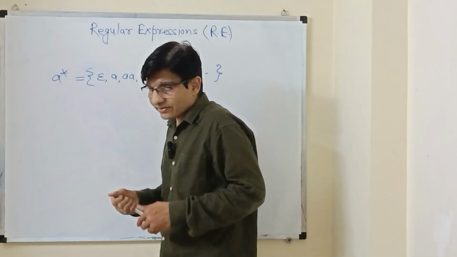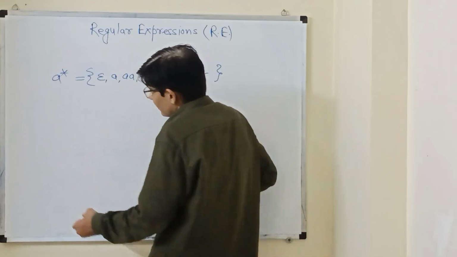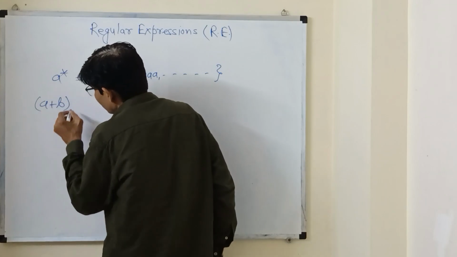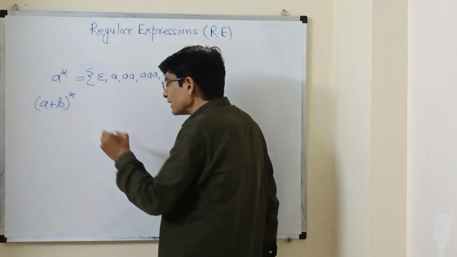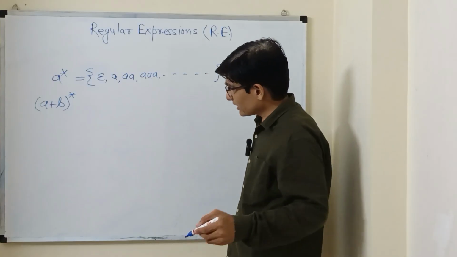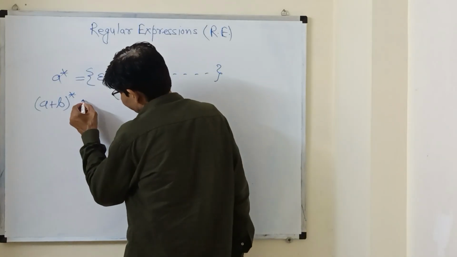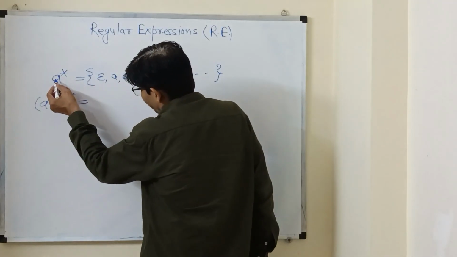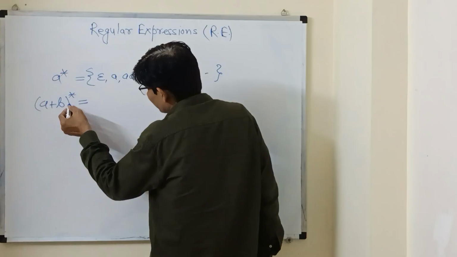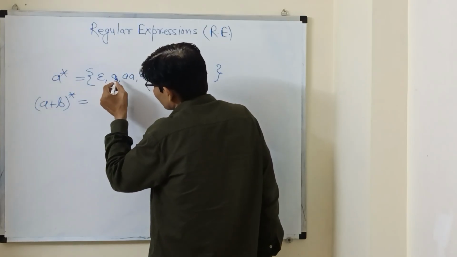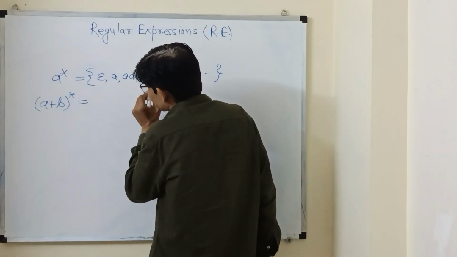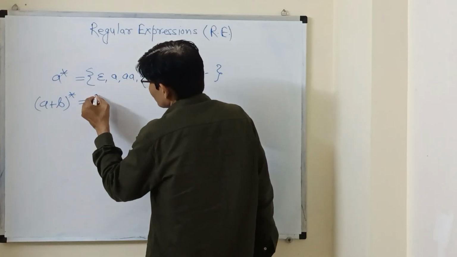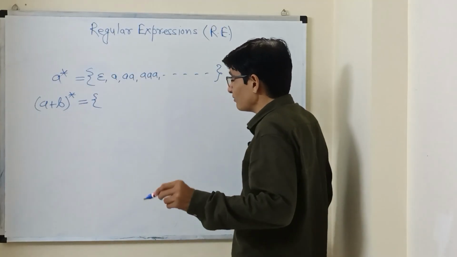And in the same way, if I write here (a plus b) whole asterisk, then what kind of set would it be? You can see, my friends, place a plus b in place of a. In this set, if you place a plus b instead of a, what kind of set can you have here?